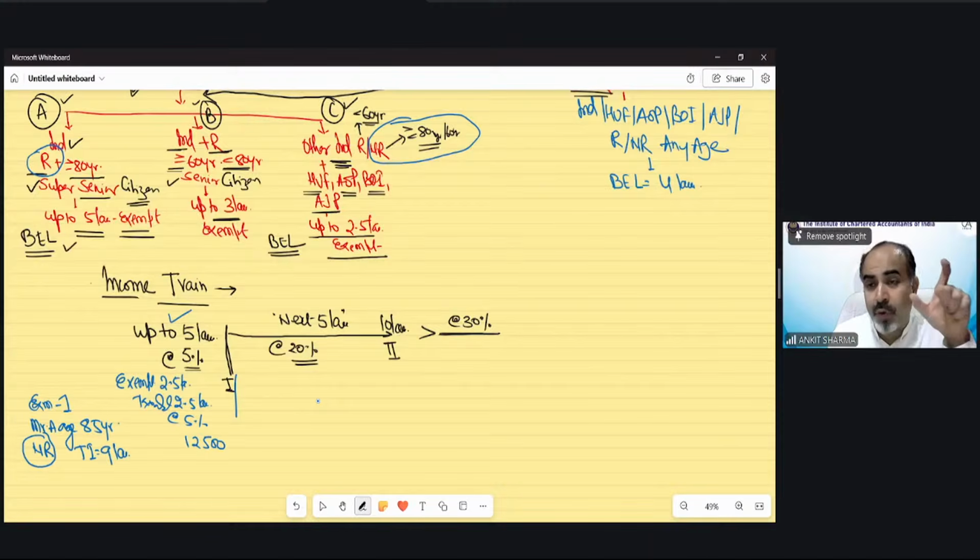Understood? Up to 5 lakh, if income falls, the rate would be 5%. So 2.5 lakh is going to be taxed at the rate of 5%. That would be 12,500 rupees. Is it clear till now?